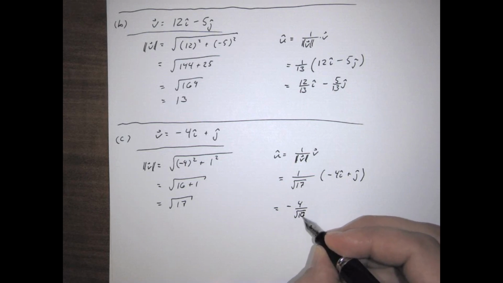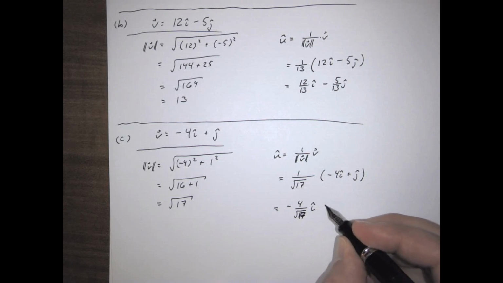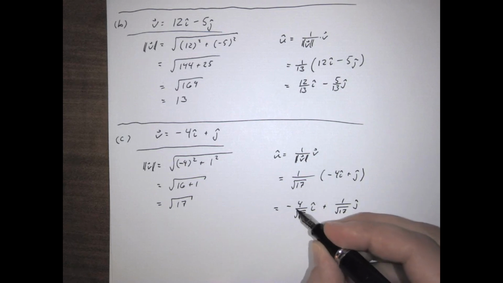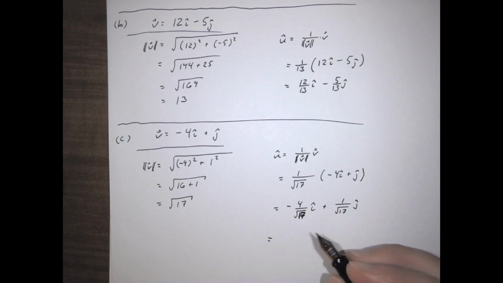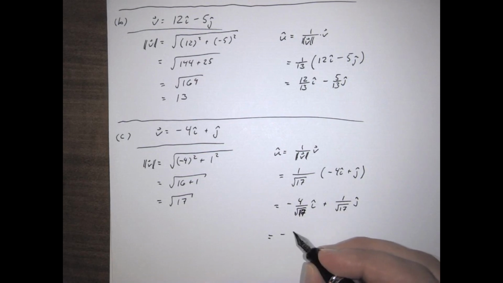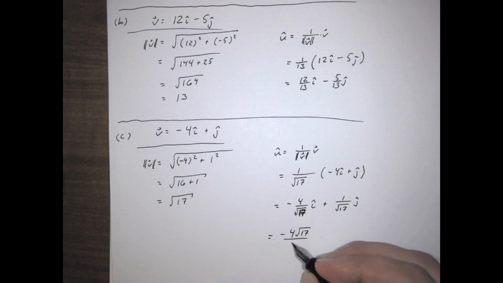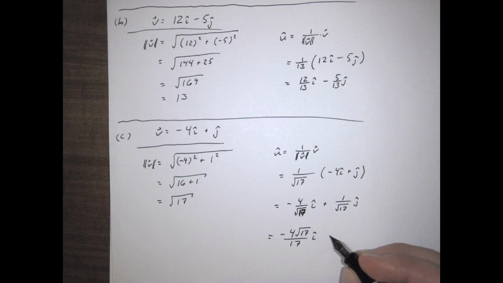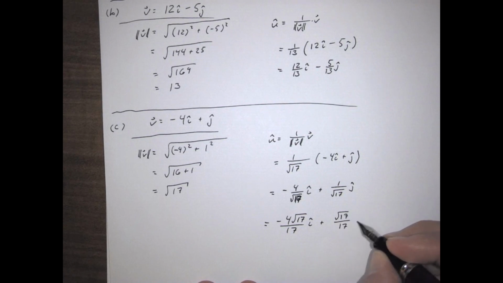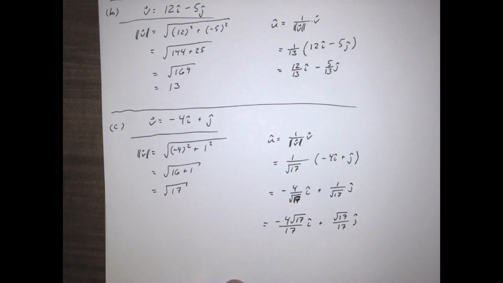So it's -4 over root 17 i plus 1 over root 17 j, and we have to rationalize both of these denominators, and they rationalize the same way. Multiply the top and bottom by root 17. And the same thing will happen over here. Multiply the top and bottom by root 17. And you'd have those.